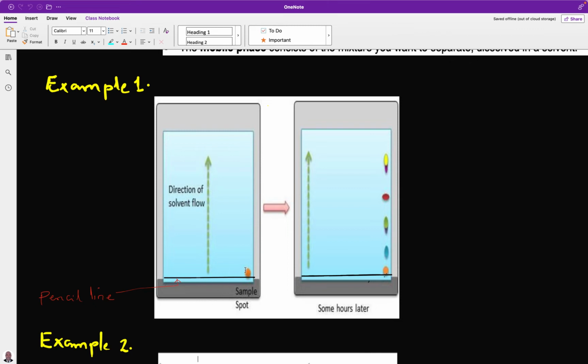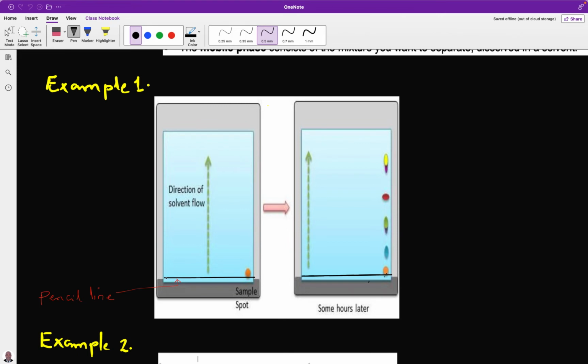The first thing is you need to use a pencil to draw a line at the base of the paper.